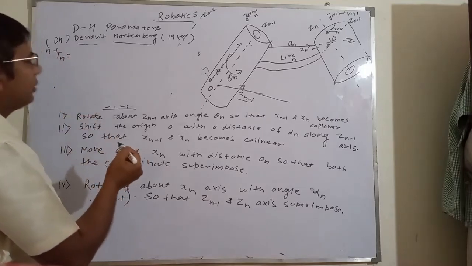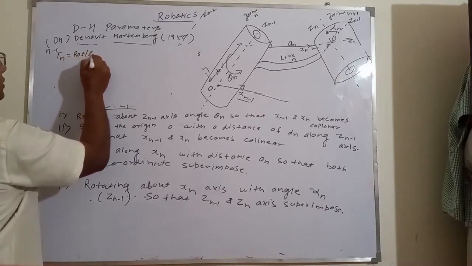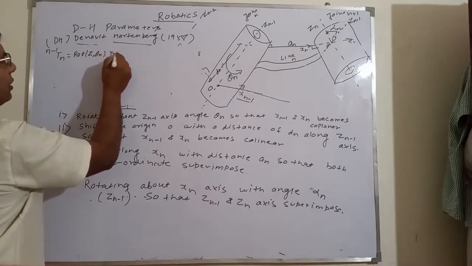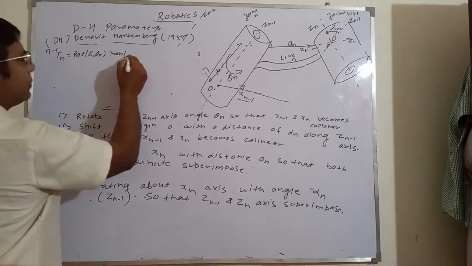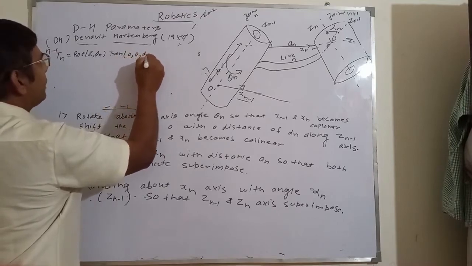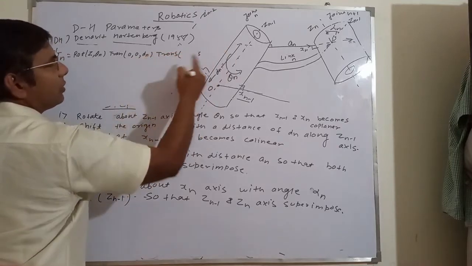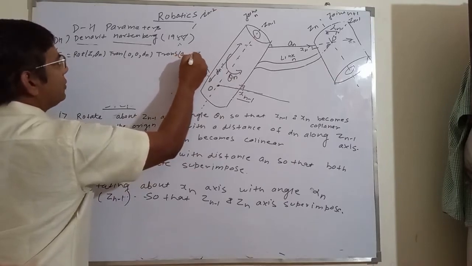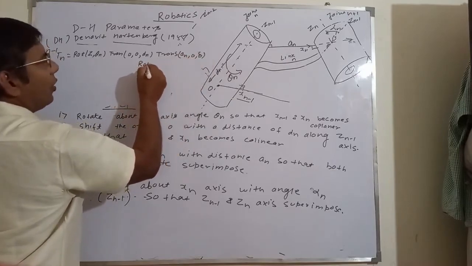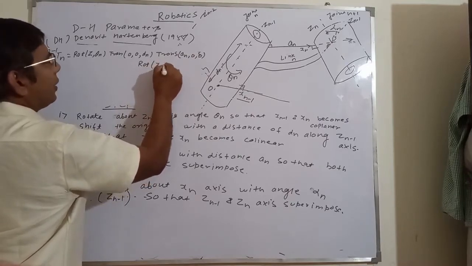So first is rotation about the z axis by theta n, then translation along z by dn, then translation along x by an, and then rotation about x by alpha n.